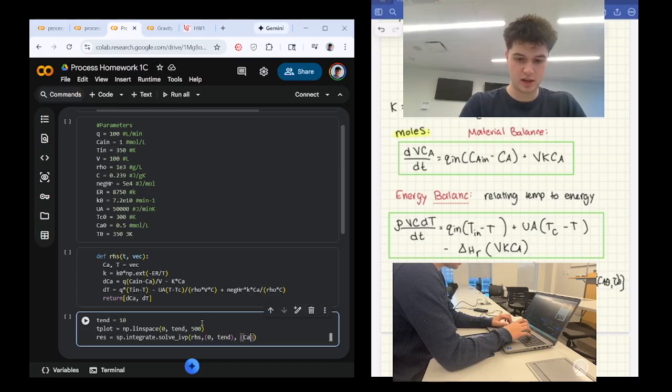And now we're going to go Ca naught, T naught. And our method has been the same for the past couple videos, which we're going to reuse, method equals Radau, dense_output equals true.